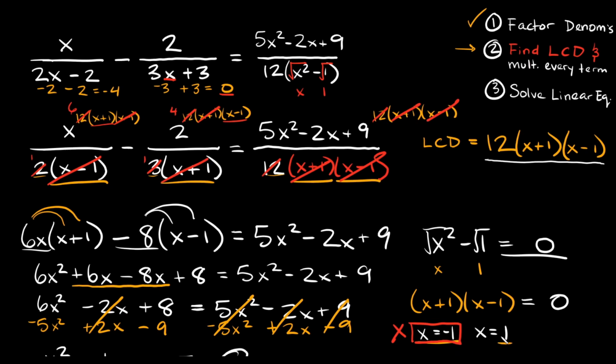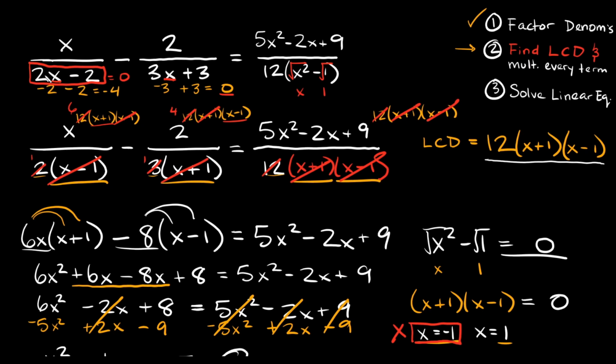Now let's check our other solution right here, x is equal to 1. Okay, so again, just plugging it into our denominators right here. Here, if we plug in a 1 for x right there, well, 2 times 1, that's just equal to 2, right? So then in this denominator right here, we're going to have 2 minus 2, which is equal to 0, right?